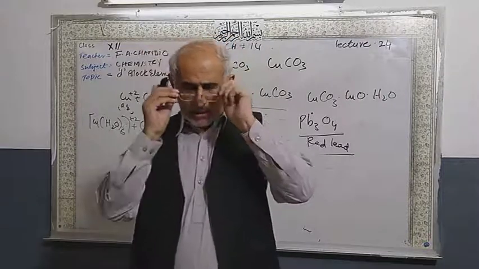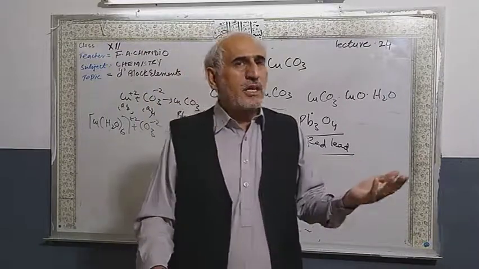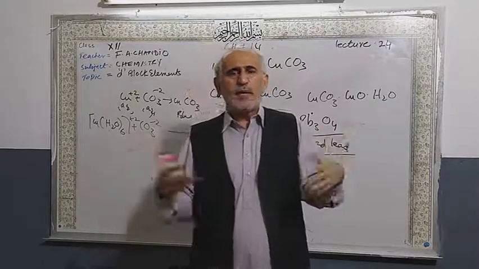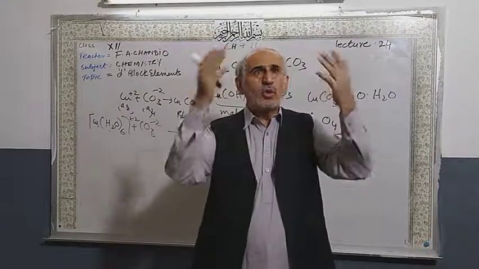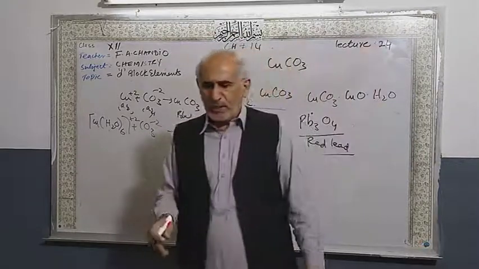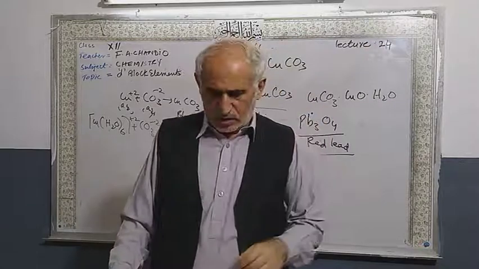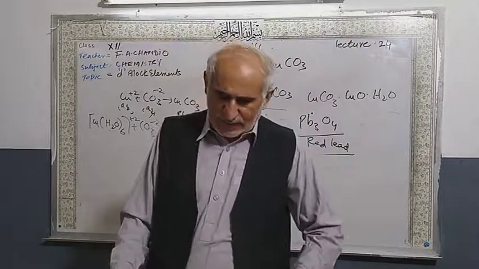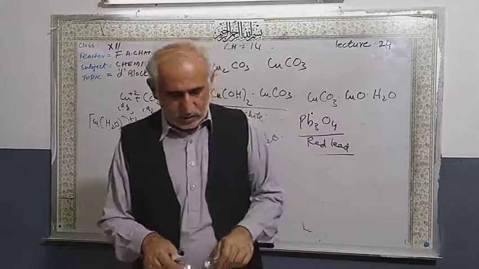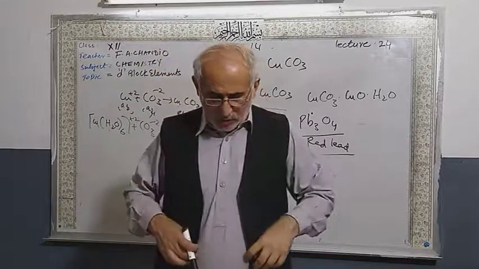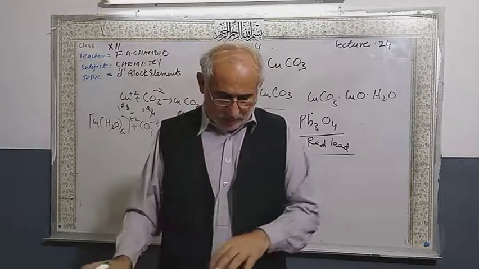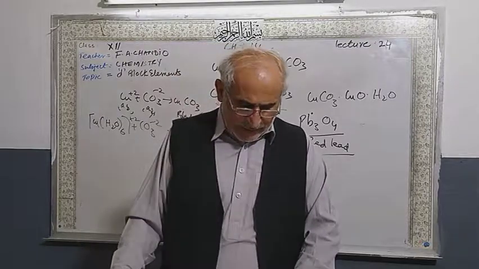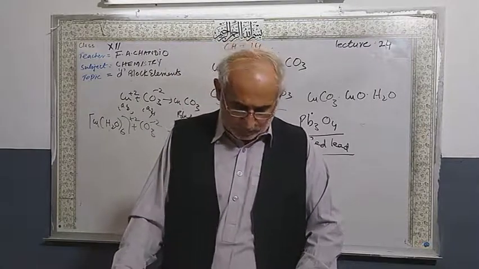But the disadvantages are two. One is when it becomes old, 2, 3, 4 years, light is going to affect it and it becomes yellowish. It's not going to be white. And this lead is not good for health. Lead compounds are not good for health. Lead carbonate, lead chromate, chrome yellow.